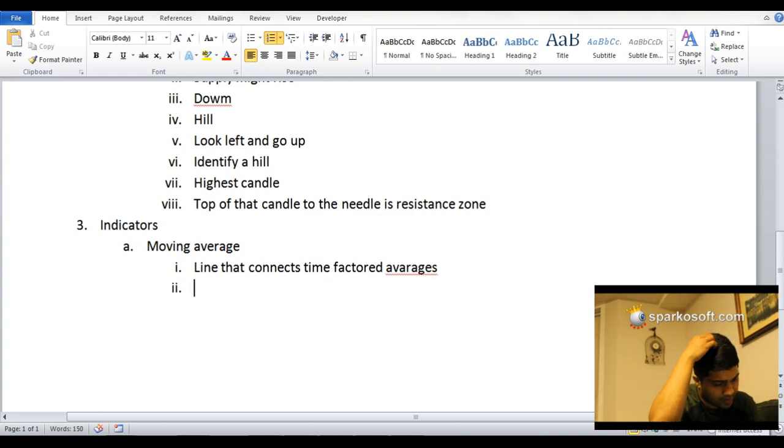There are different types of moving averages, but we'll generally use exponential because it gives more weightage to recent data than past data.